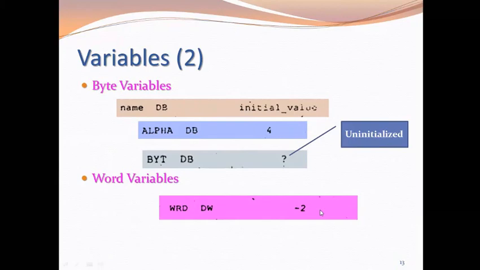So it is 16 bits. What is the binary value for 2? It is 10, and the rest of the 14 bits will be 0000 before the 10. Does it make sense? So that's the initialization. If you don't want to initialize, then you have to use the question mark. If you want to initialize, then you have to define the number here.